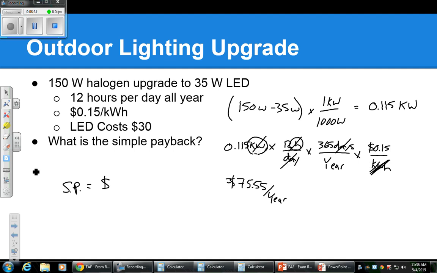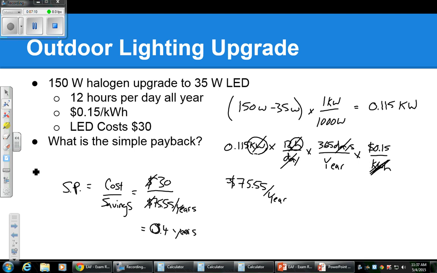Maybe we'll actually write the formula this time: cost over savings, which is 30 divided by 75.55, or 0.4 years. This should have been years here, and my dollars cancel out, so 0.4 years.